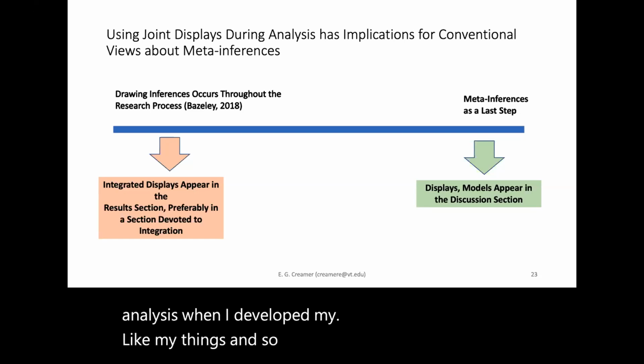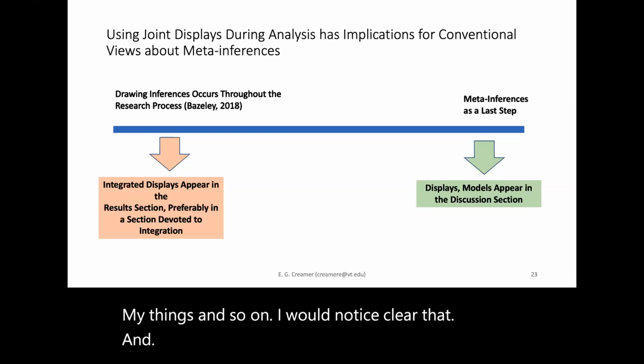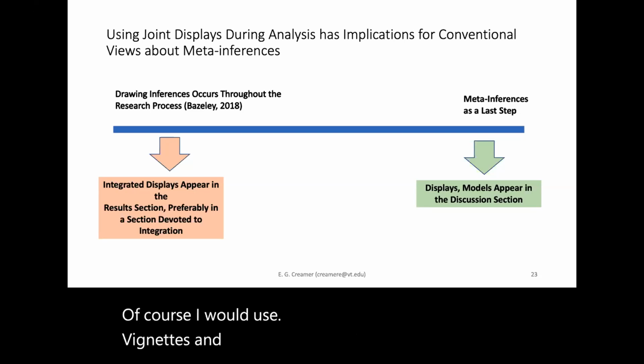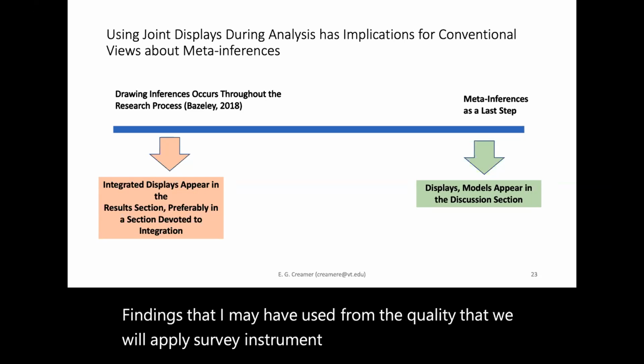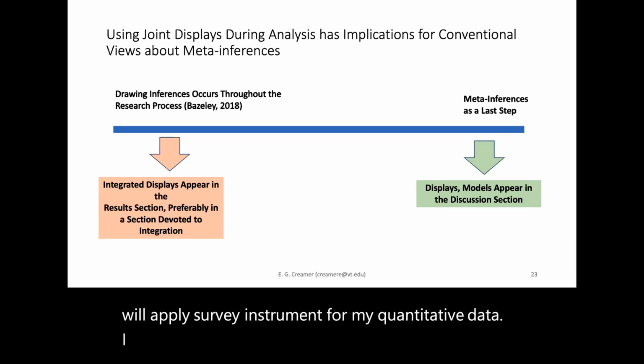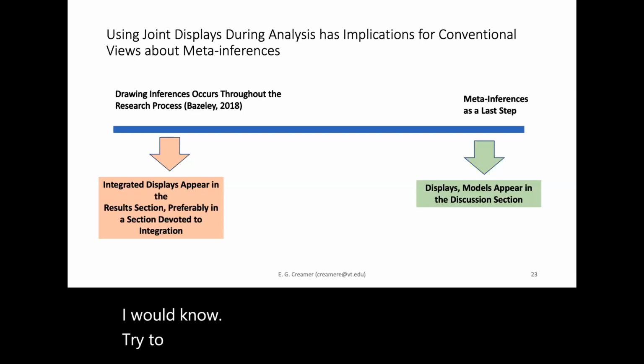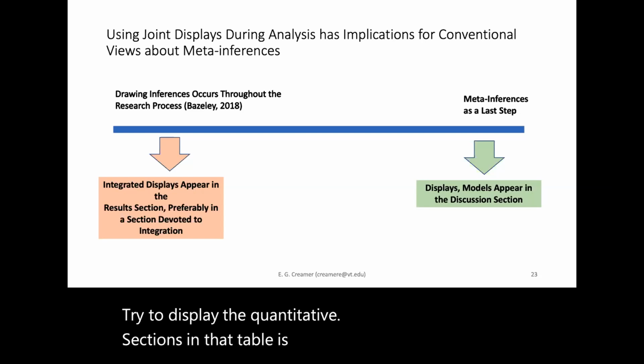I would now display that, and of course I would use vignettes and so on to support the themes and findings that I may have used from the qualitative to develop my survey instrument for my quantitative data. I would now try to display the quantitative sections in that table to see whether there are any similarities, and I would think possibly differences.